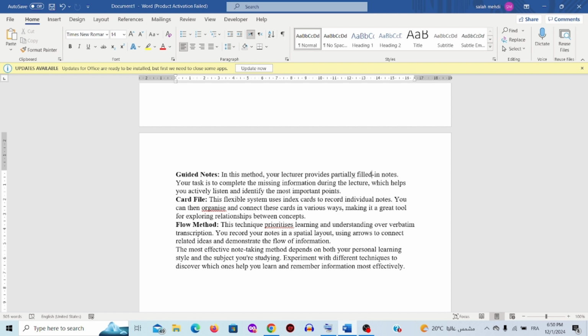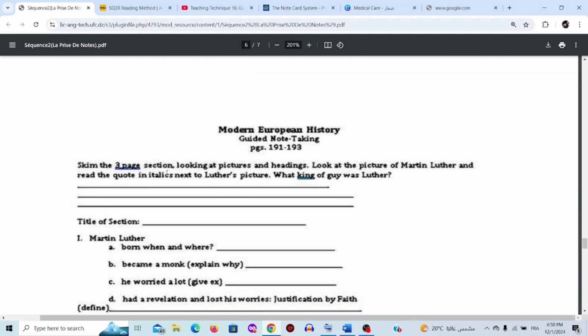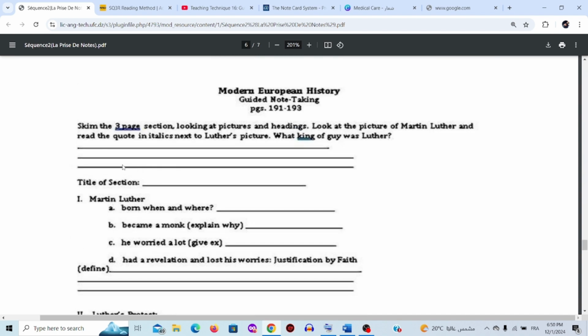You are going to listen actively to the lecturer, and you are going to try to identify the most important points. For example, here in the guided notes, here is the lesson about Martin Luther King, and here are some blanks. You are going to try to fill them.